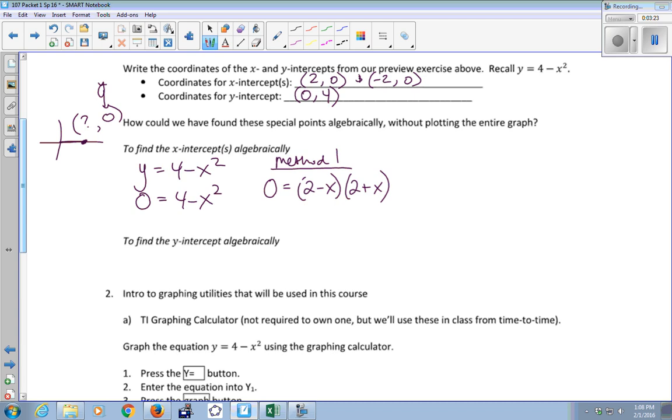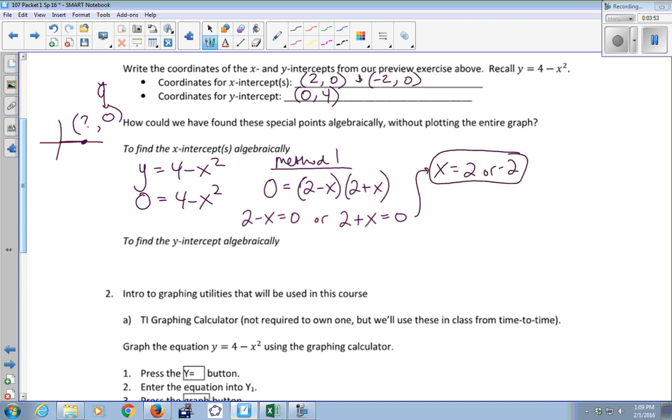And then when you have two quantities multiplied together and the answer is 0, at least one of them has to be 0, right? So either 2 minus x is 0, or 2 plus x is 0. And then you solve both of these and you get x equals 2 or -2.